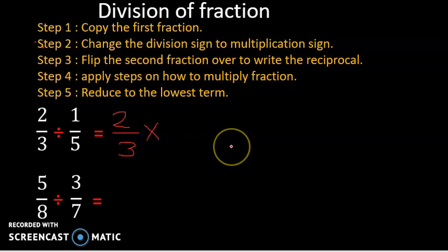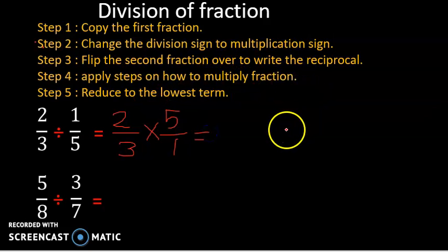Step number 3. Flip the second fraction over to write the reciprocal. So we have to flip. So the denominator becomes the numerator, and the numerator will be the denominator. So it will be 5/1.